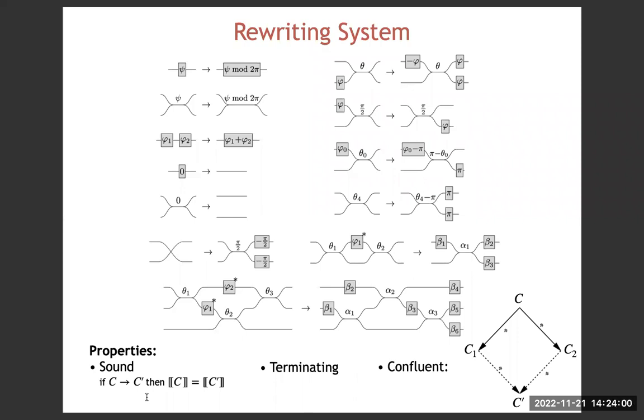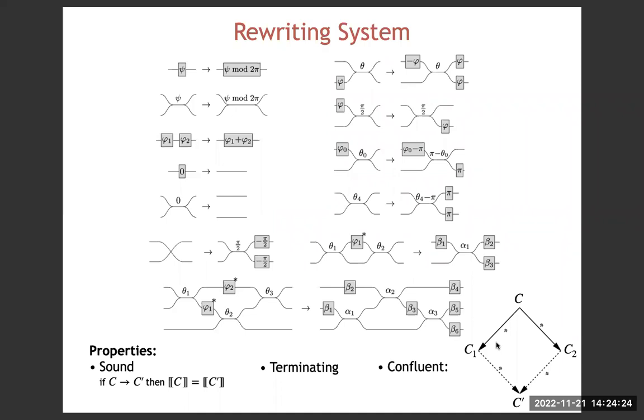You cannot transform the circuit anymore. And finally, it's confluent, which means that there are potentially several possible paths. So it's non-deterministic, if you like, but you can always close these paths. Okay, we always have this diamond property. We can always close and get a single circuit at the end of the day.